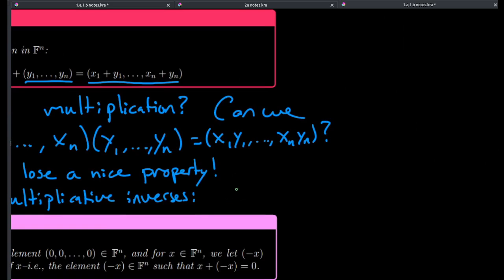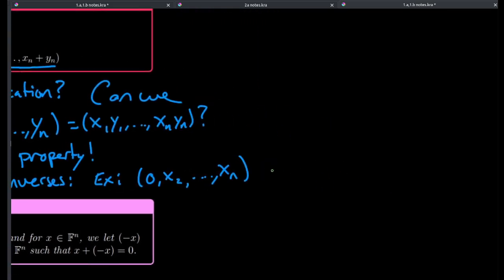Here is the essential idea. Here's the example. So let's take 0, x2, all the way up through xn, where the rest of them can be whatever you want. This guy does not have a multiplicative inverse.